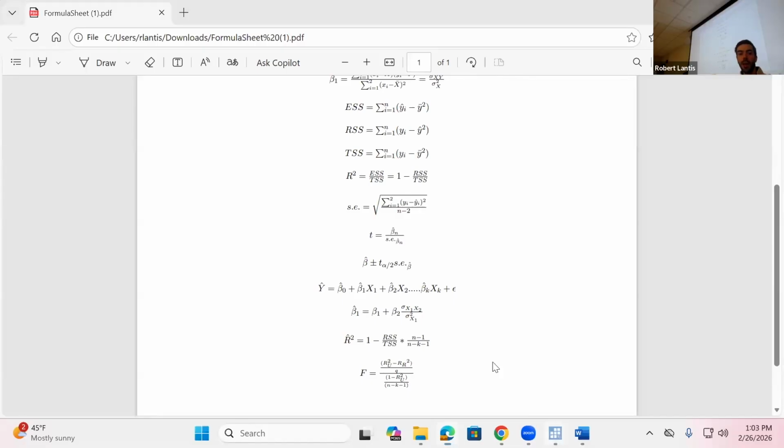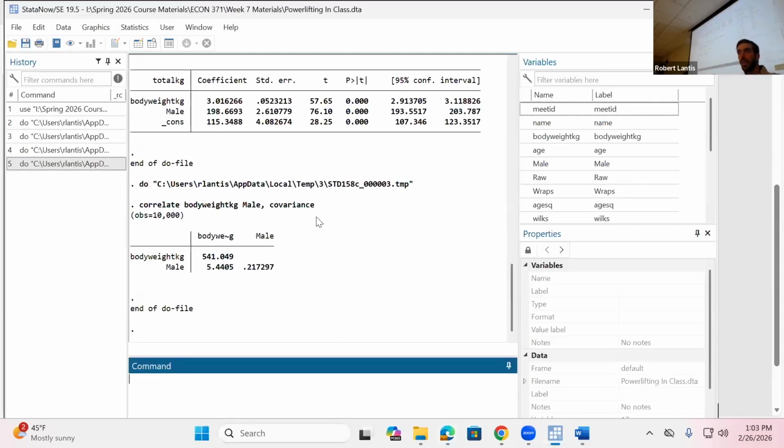Okay? So when we're looking at Stata output, how do I find the coefficient of that variable I excluded originally? Well, that variable was male, so that coefficient is simply what? 198, approximately. Right? What's the covariance between body weight and male? How do I read this output?